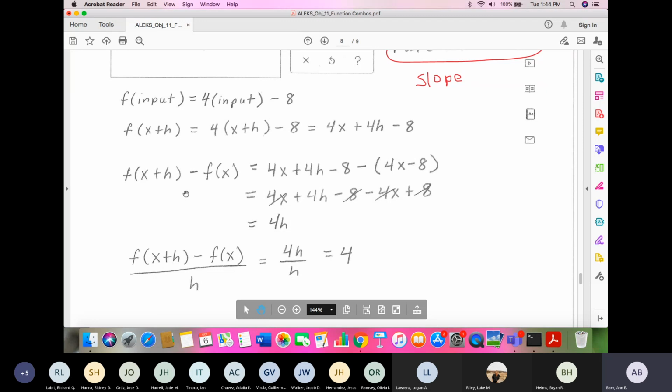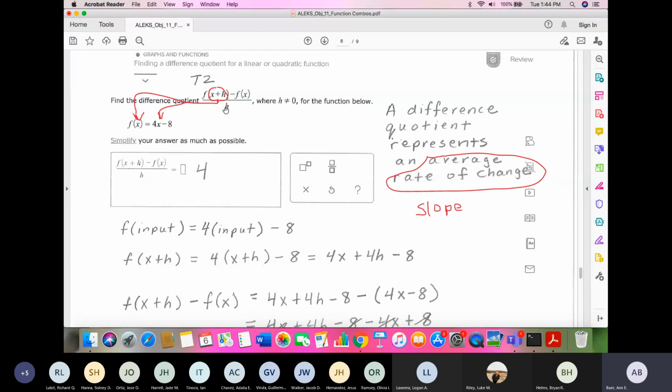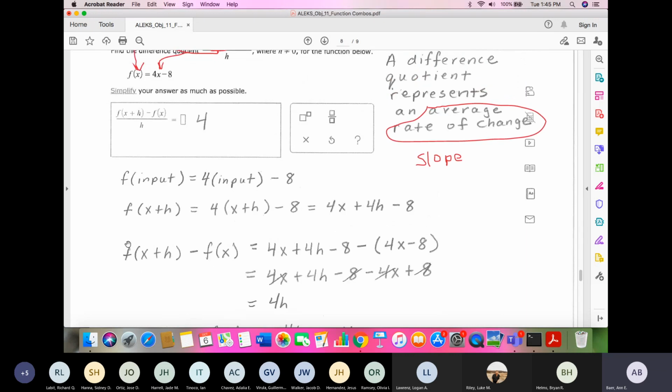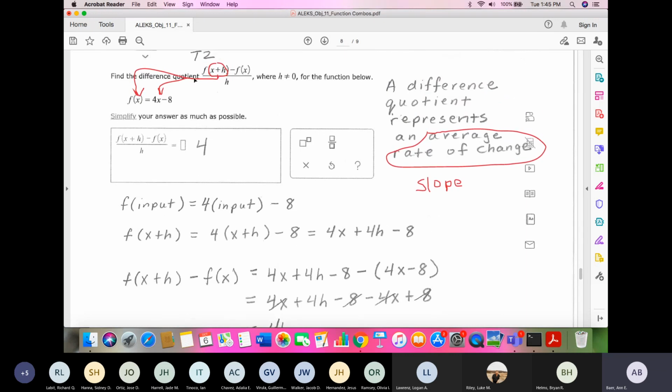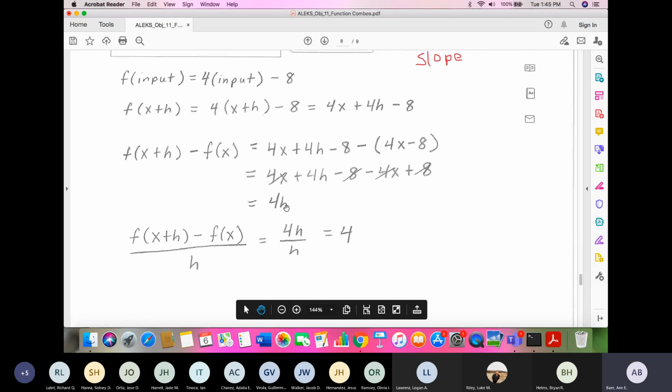We've only done the difference. We haven't done the quotient part yet. So we still need to divide the entire numerator by h. We can write that as the entire difference quotient here, f of x plus h minus f of x over h. In the numerator, we have 4h. In the denominator, we're dividing by h.